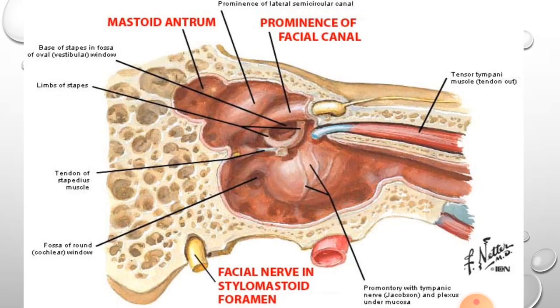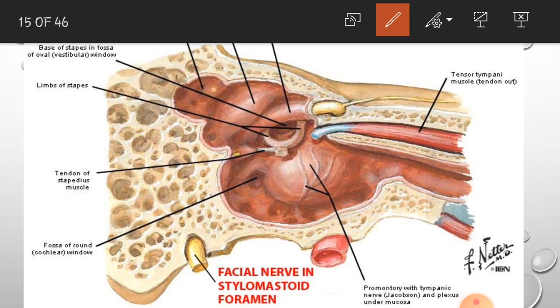Now this is another view of the medial wall where you can see the promontory, and these are the nerves which are making up the tympanic plexus. The tympanic plexus is made up by the glossopharyngeal nerve. A nerve comes from below.